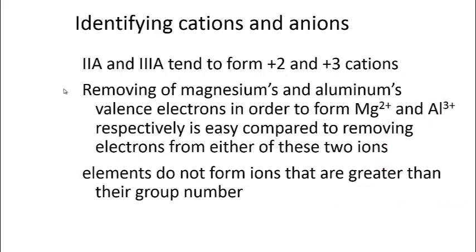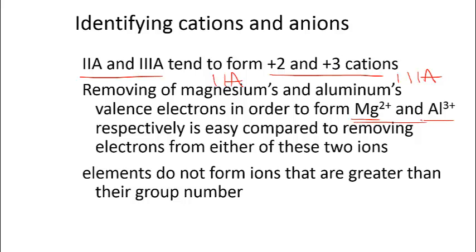The group 2A and 3A elements tend to form +2 and +3 cations. Removing electrons from magnesium, which is a 2A element, and aluminum, which is a 3A element, in order to form a Mg2+ and Al3+ cation respectively, is easy compared to removing electrons from either of these two ions.